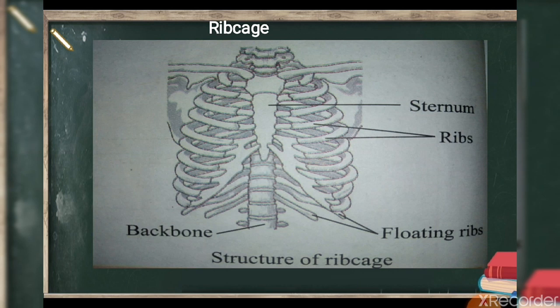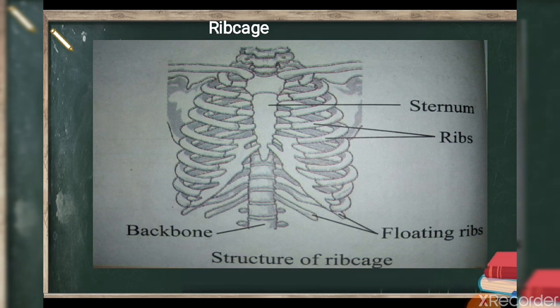These bones are thin and attached to the backbone at the back side. You know your backbone is at the back, in the middle of your back. So all the ribs are attached to that backbone and, in the front, to a flat bone called the sternum.